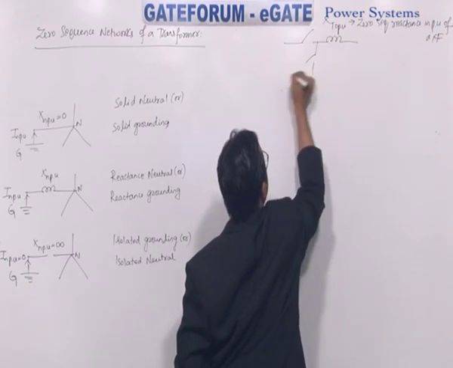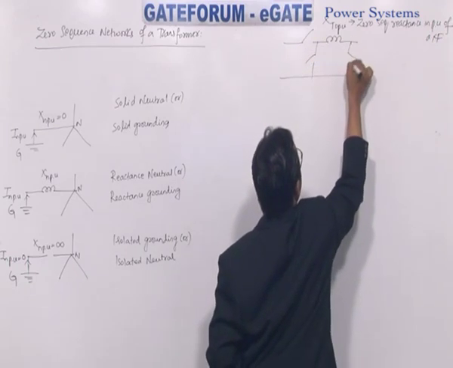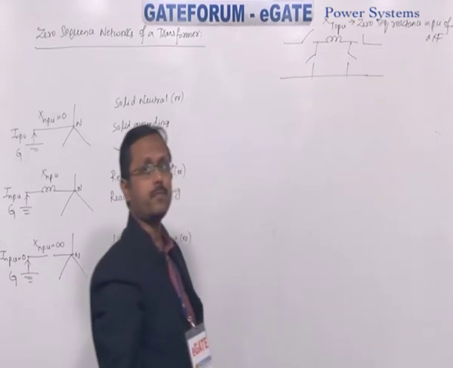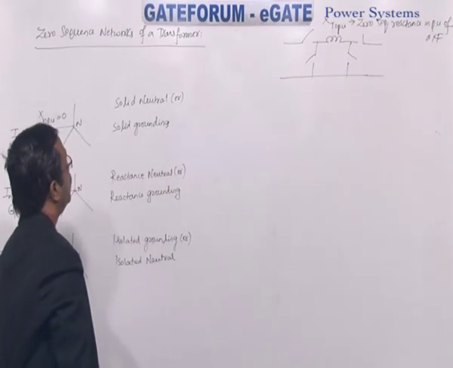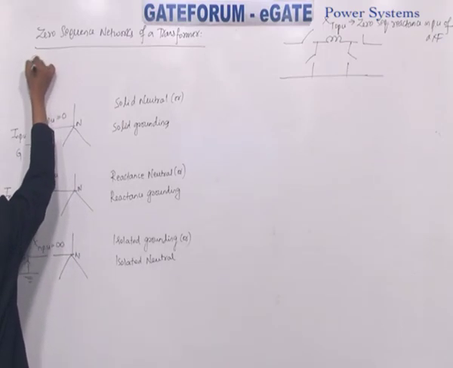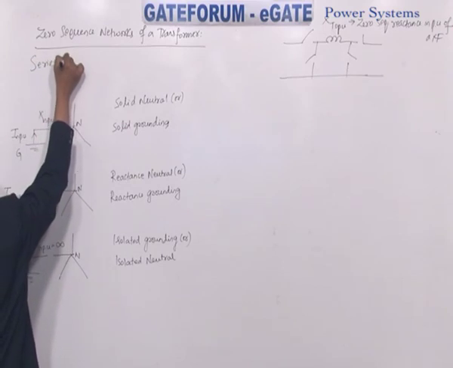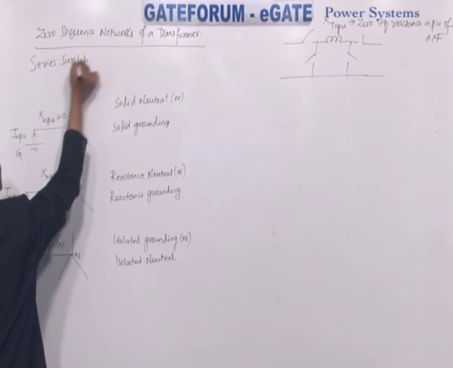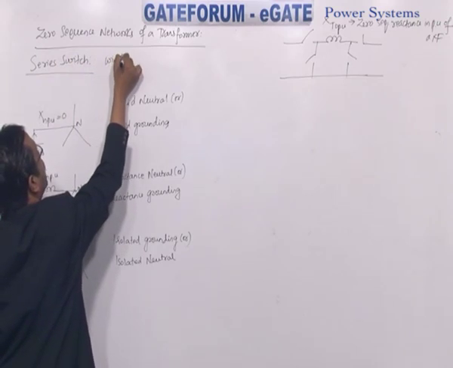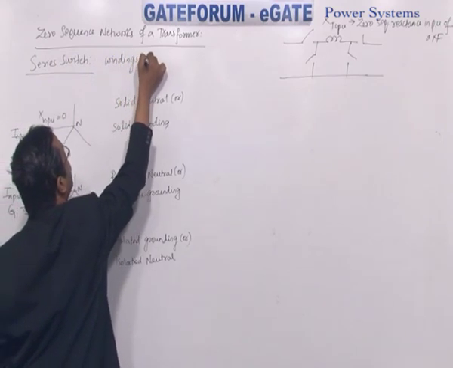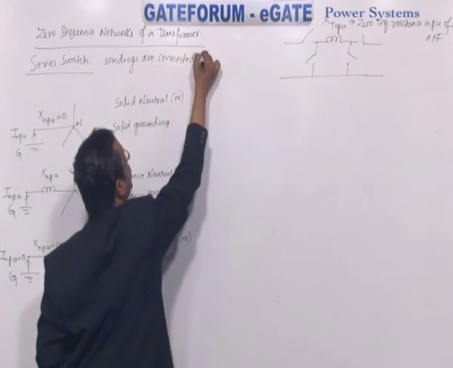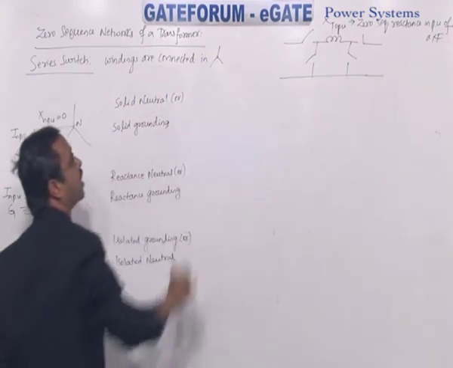Now it has both series switches and shunt switches. So now we discuss when you operate the series switches. You operate the series switches when the windings are connected in star.